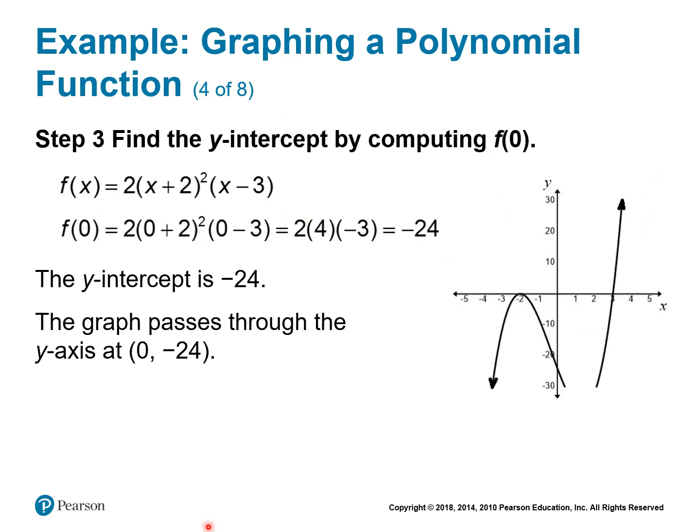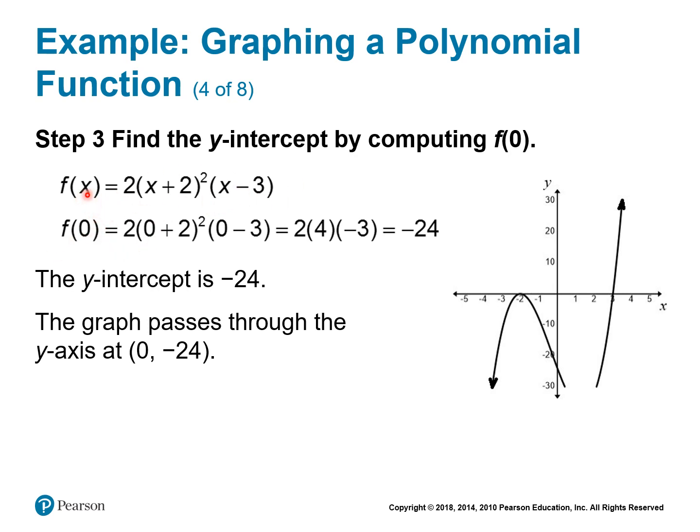Now we are at step 3 of the process of graphing the function. Step 3 says find the y-intercept by computing f of 0. Again, at the y-intercept, x is 0, so all we do is plug in 0 for x into the function and do the evaluation, and that's what they've done here.